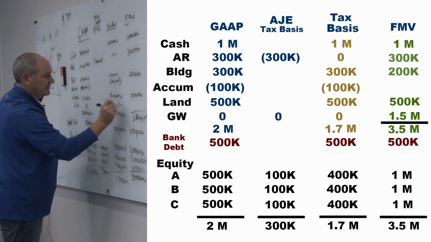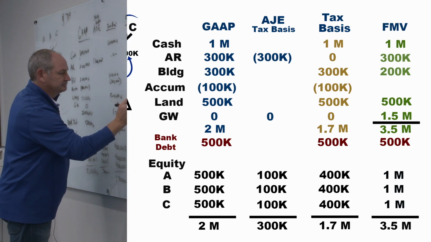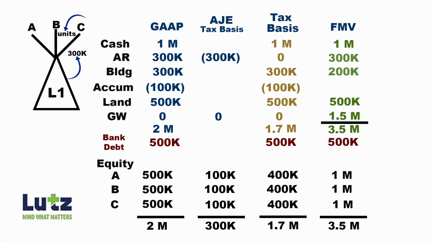Goodwill's going to have zero basis. 1.5 million. Okay, there's lots of times when we have an asset purchase or an asset sale. This isn't just confined to a 754.